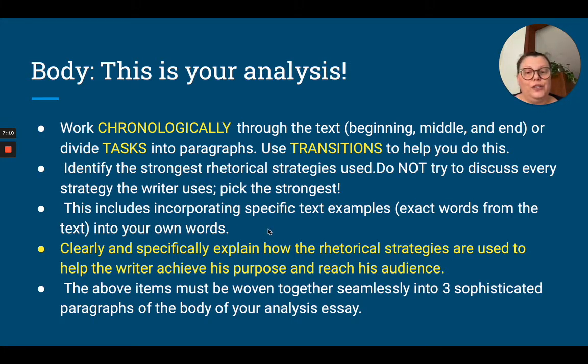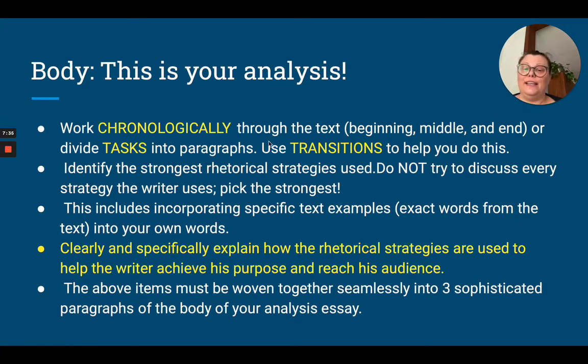It includes incorporating specific text examples, exact words from the text in your own words. You cite them using paragraph numbers. So in paragraph 1, in paragraph 2, in paragraph 7, they won't be that long. The author says, or, Tan, if we're using the Amy Tan example, states, and then lay out what they do.